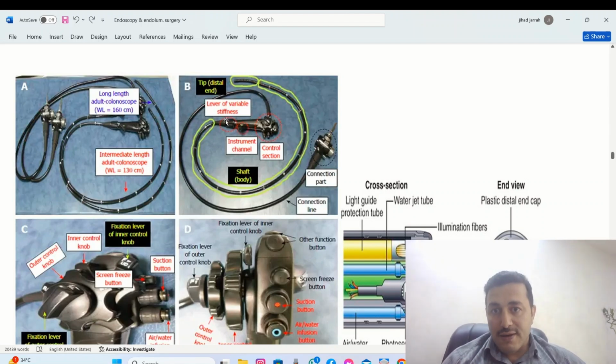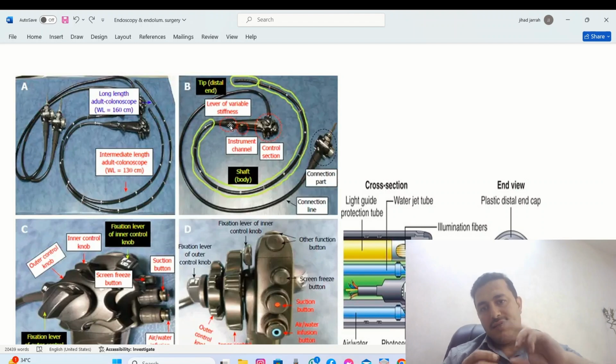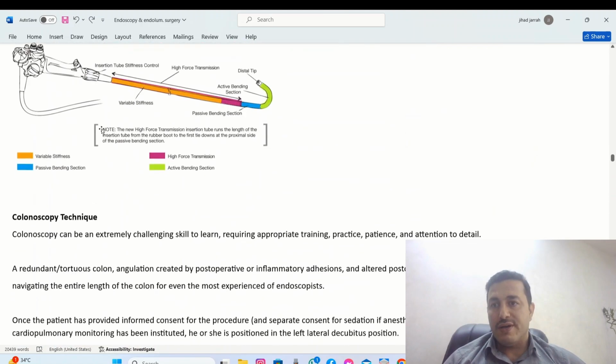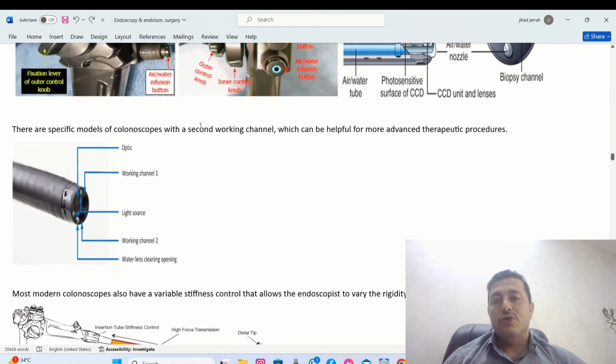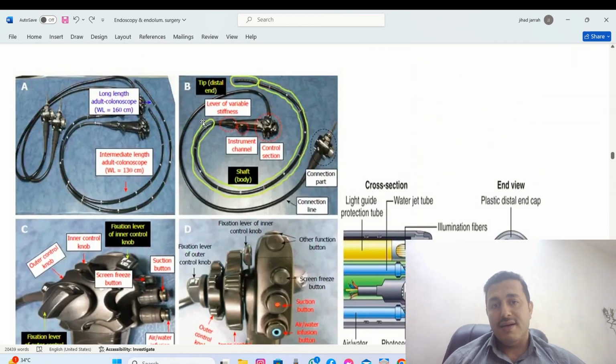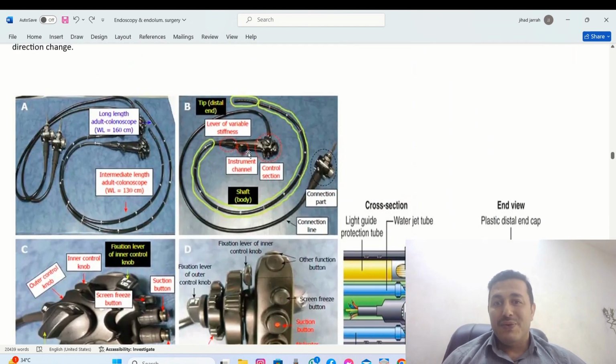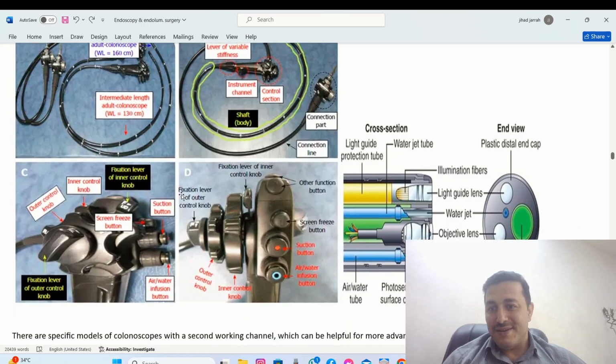This part, if you see here, is called the stiffness part, in which if we rotate it right or left, we will decrease or increase the stiffness of the colonoscope. I think we have a picture here. You can see this is the stiffness tube, and we can control the stiffness. This is a nice idea actually. Okay, what else do we have to see here?